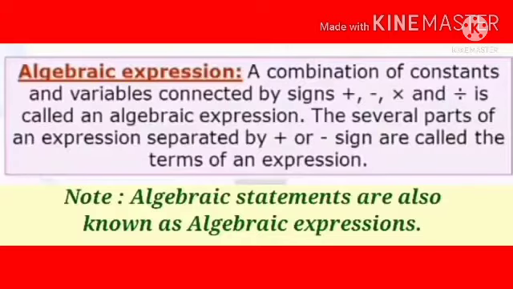A combination of constants and variables connected by signs plus, minus, into and divided by is called an algebraic expression. Several parts of an expression separated by plus or minus sign are called the terms of an expression. Note, algebraic statement is also called an algebraic expression.